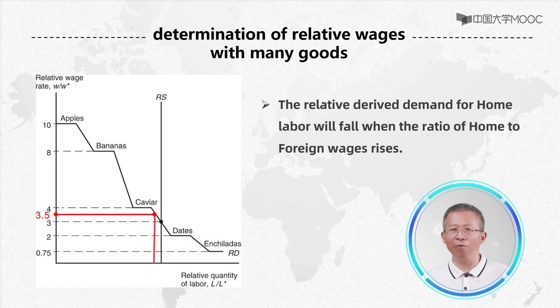If the home wage is 3.5 times the foreign wage, home would produce apples, bananas, and caviar, while foreign would produce dates and enchiladas.